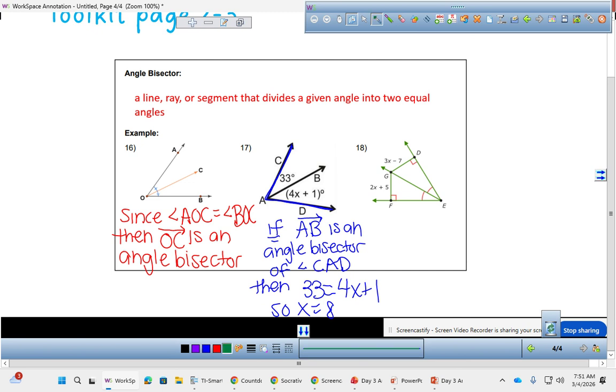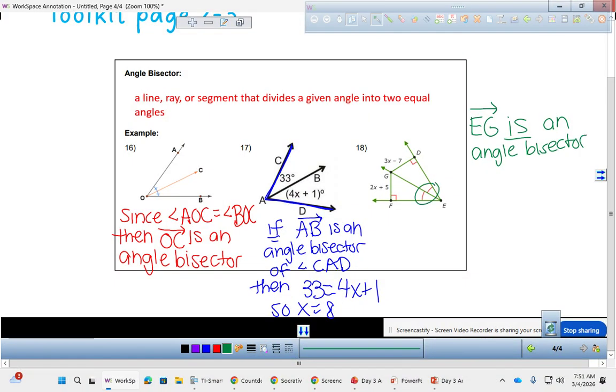So here's what I know. Ray EG, because E is a point and G is an arrow, so that's a ray, is an angle bisector. The reason I know that is because I have the image there that's telling me that it is. So an angle bisector creates two equal angles.